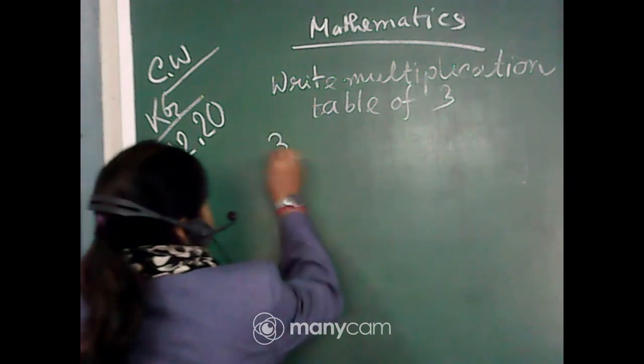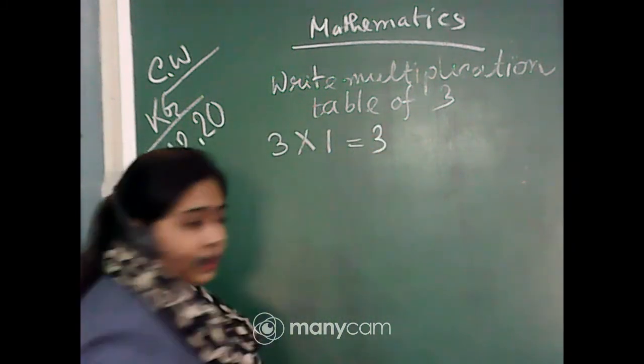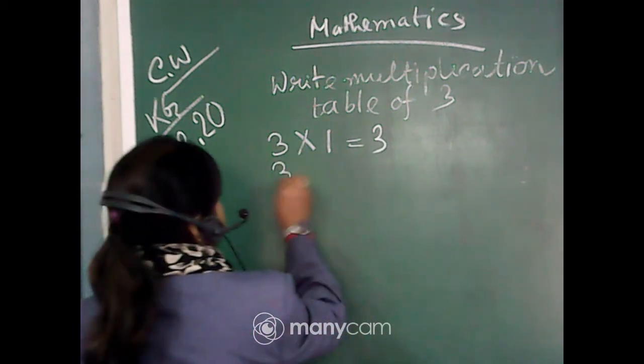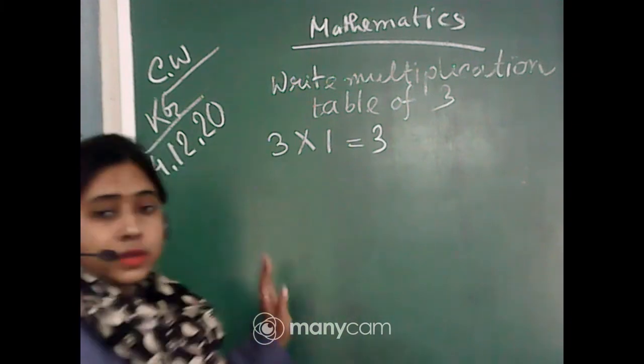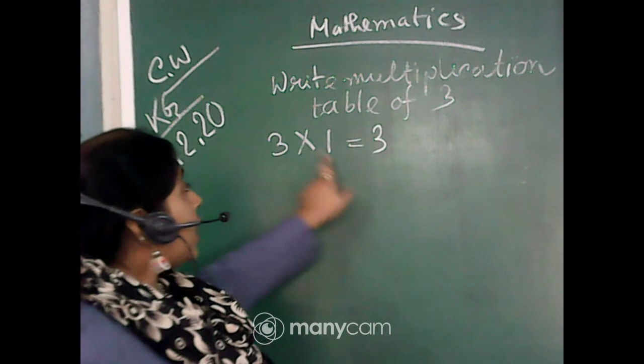3 multiplied by 1 is equal to 3. 3 ones are 3.